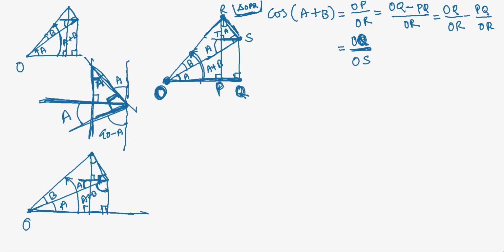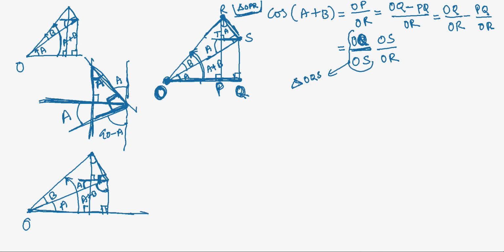So as we divided by OS, we multiplied by the OS also, divided by OR. Do you see what we have done? We introduced this because this thing can come from the triangle OQS. In the OQS, we know that the OQ is in the numerator.